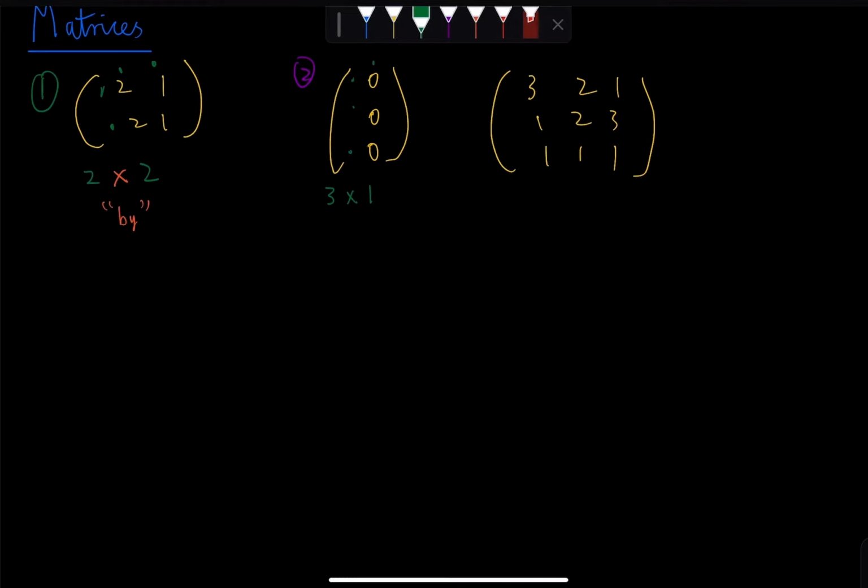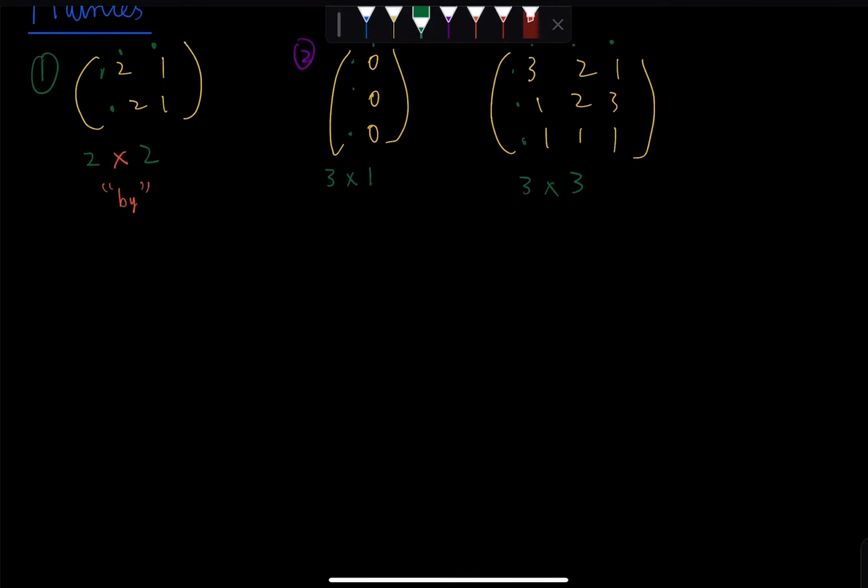And the last one, this one's pretty easy because it's just a square, again, like the first one. So the number of rows is 1, 2, 3. So that's 3 by 1, 2, 3. That's 3. So that's a 3 by 3 matrix. And that's pretty much all you need to know for naming these matrices by their dimensions.